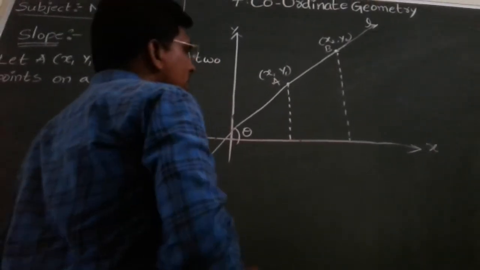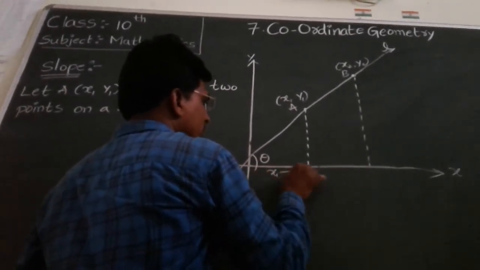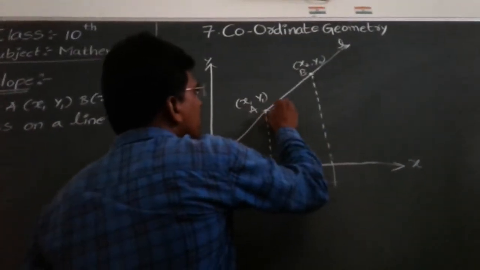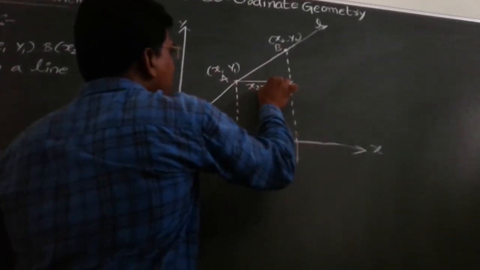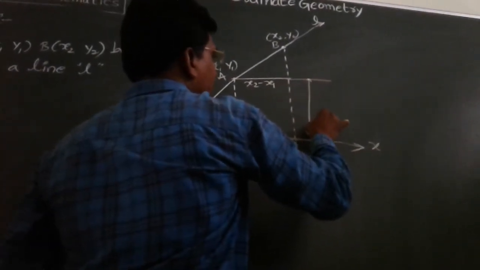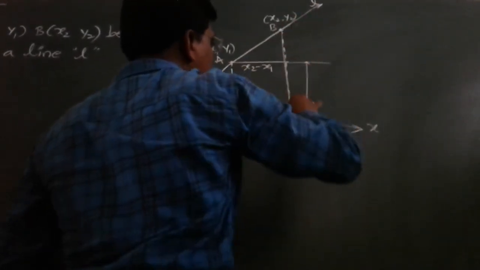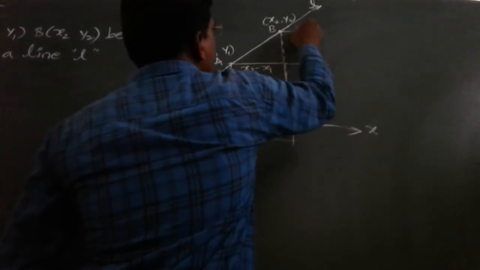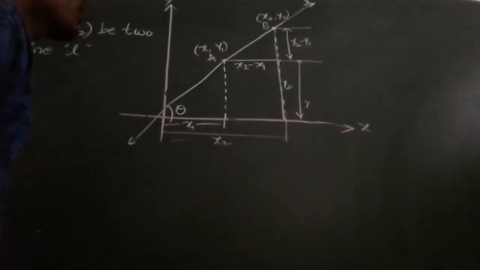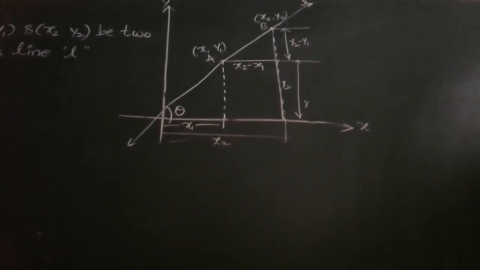So what is the difference between point A and point B? Up to here is the x1 distance, and up to here the x2 distance. Then the middle distance is known as x2 minus x1. And up to here is the distance y1, and the total distance is y2, so this distance is y2 minus y1. Slope is represented by the small letter m.